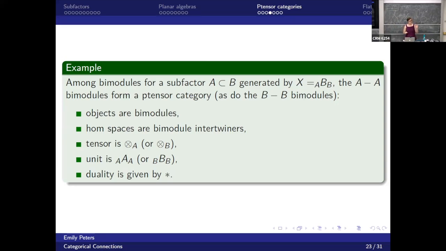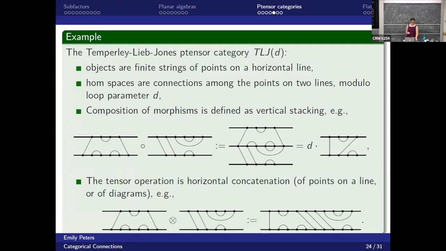So all AA bimodules form a tensor category. All BB bimodules form a tensor category. And then the AB bimodules are a module category, or really a bimodule category, since both of these categories act on that. Okay. Temperley-Lieb-Jones is a tensor category that reflects really all of the structure of Temperley-Lieb.